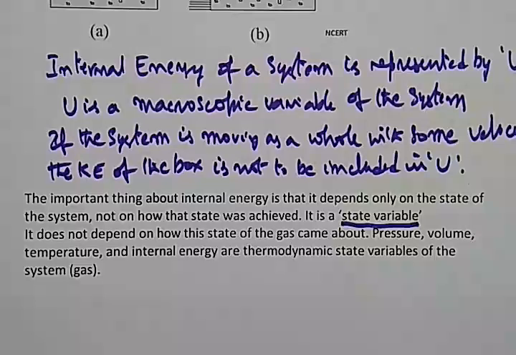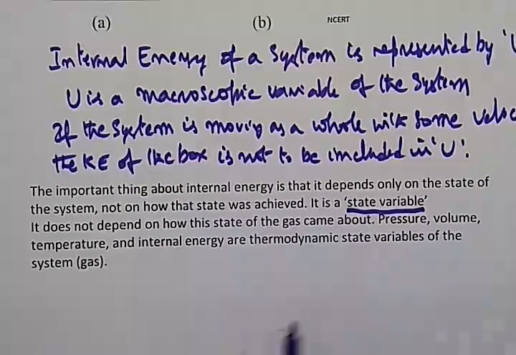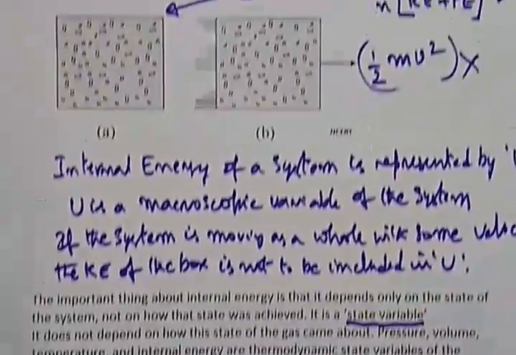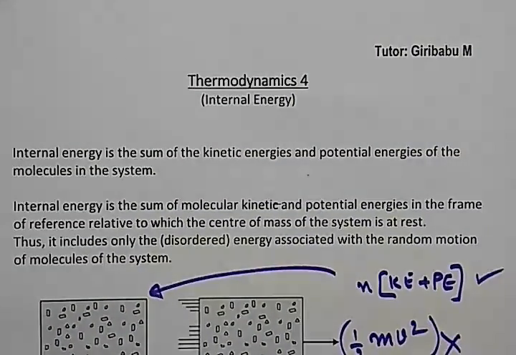But those things are state variables only. We are not very worried about how it has been reached or how it is varying. Okay. So remember all these things: pressure, temperature, volume also are state variables. So this is the very brief description of what internal energy is, because it is very important.